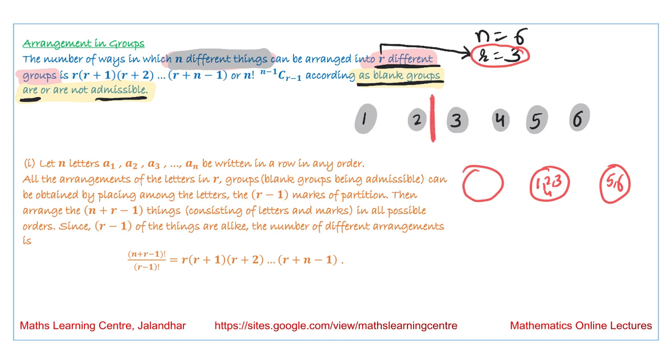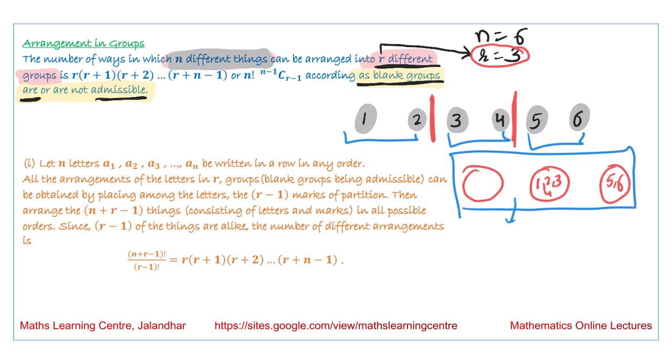If I mark one point here and another point here, these things are automatically divided into 3 groups: first group, second group, third group. So to divide them in 3 groups, we have to mark 2 points. If we have to divide them in r groups, we have to mark r minus 1 points.